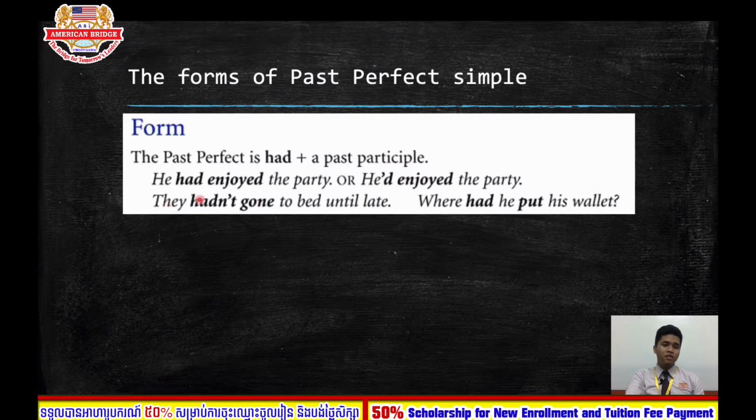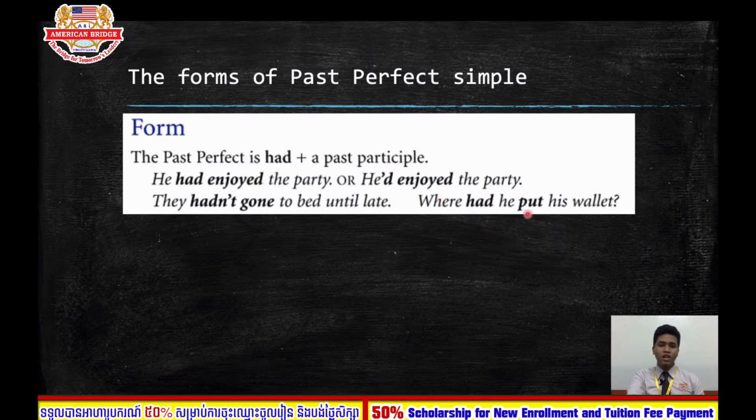For the negative sentence of the past perfect simple, we just add not between the auxiliary verb and the past participle. So: they hadn't gone to bed until late. So this is the negative form. For the question, we just invert the subject and the verb had.